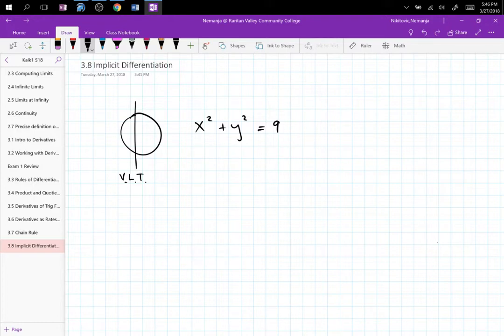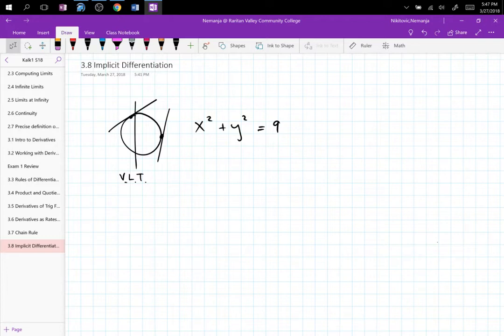But we know that at every point of the circle we can draw tangent lines, and the slope of the tangent line comes from the derivative. So there has to be a way to find this derivative. Well, we can actually find it by use of the chain rule, which is great.